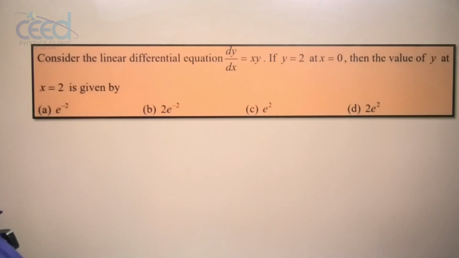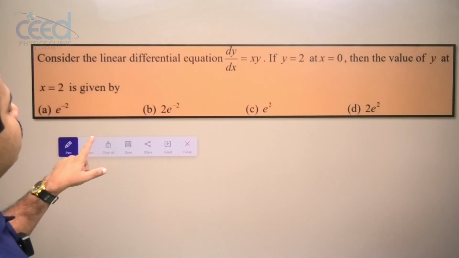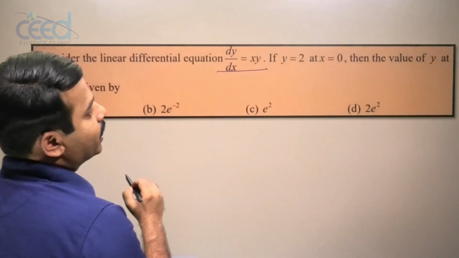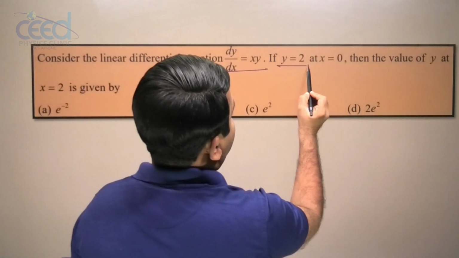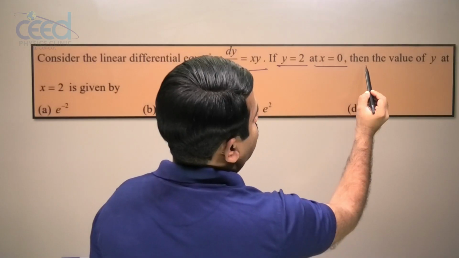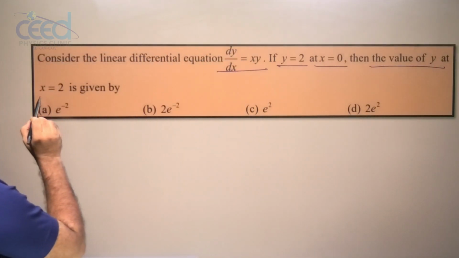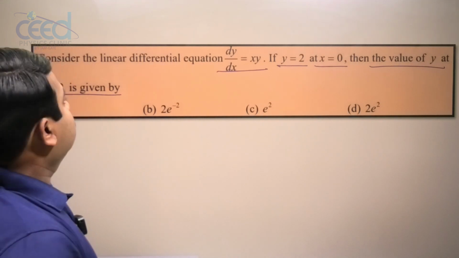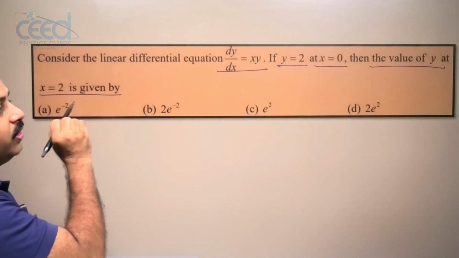See, consider the linear differential equation dy by dx is equal to xy. If y is equal to 2 at x is equal to 0, then the value of y at x is equal to 2 is given by, right? So this is the question.